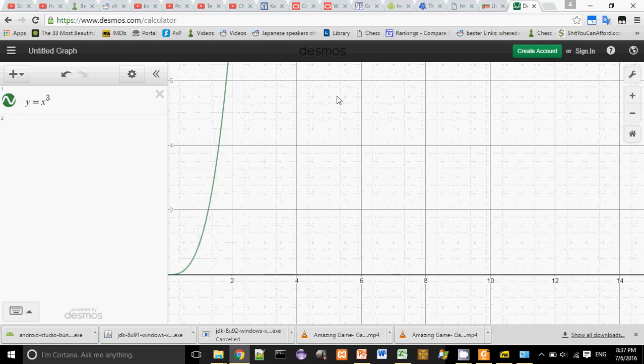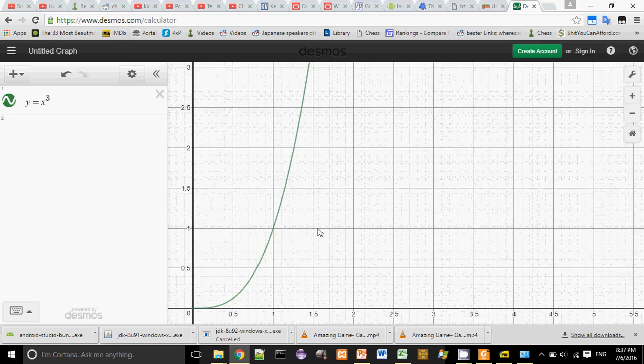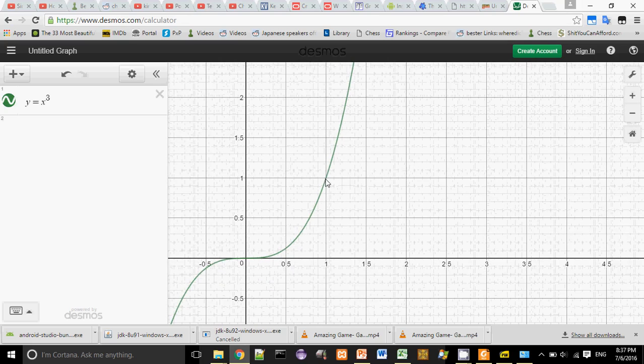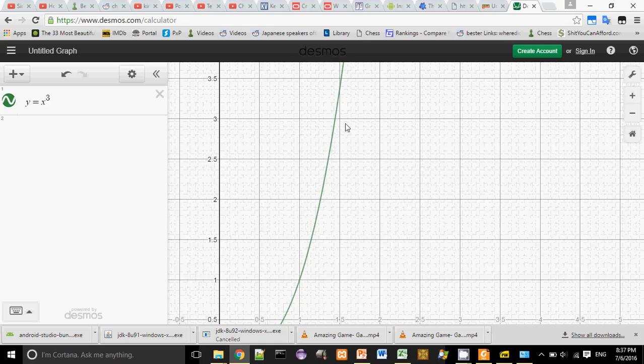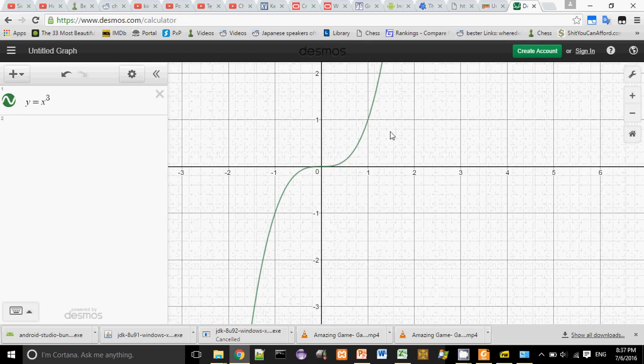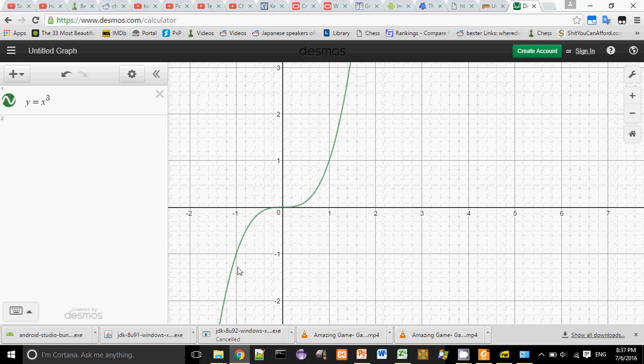But it's actually a little bit flatter here, and a little bit steeper. Because notice, if x is less than 1, if you've got a number less than 1 and you cube it, timesing a fraction by itself, by a fraction, makes it smaller. So it actually tends to be smaller here. But then it starts taking off and it gets bigger, bigger, bigger. But negatives, when you cube them, you still have a negative. So that's why it sort of flattens and then curves again.